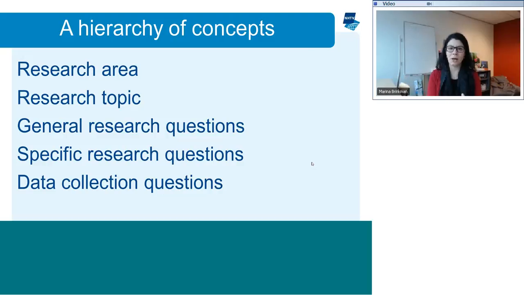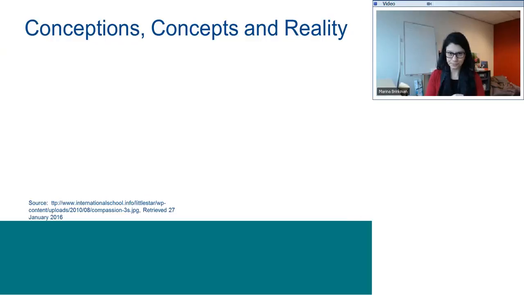That's the research area, but the research topics will be the specific topics of interest. So again, those are two different things, and all those concepts, all those ideas are related to one another. I think again of the funnel: the research area is much broader, and the data collection questions are very narrowed down to the one specific item that you're interested in.